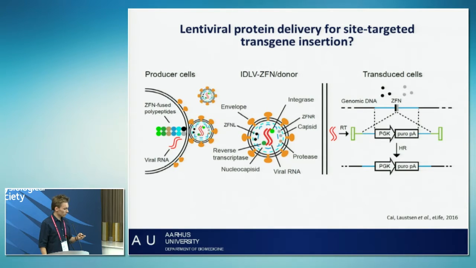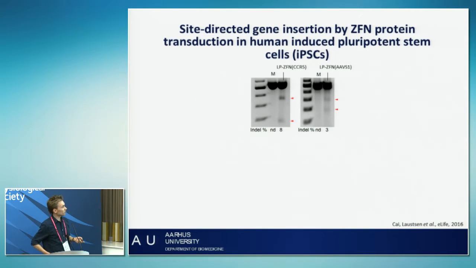And these were transduced into the CCR5 locus and the AVS1 locus in induced pluripotent stem cells. First of all, we could see after delivery of our lentiviral particles a nice indel formation from both the CCR5 and the AVS1 locus.